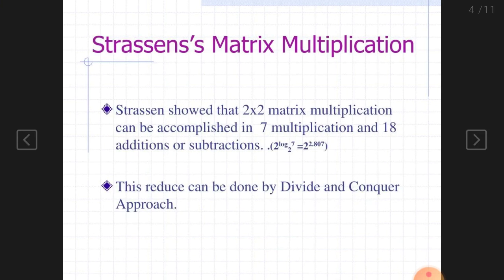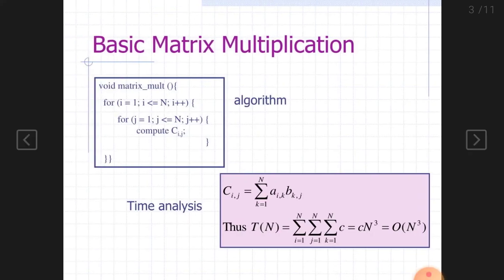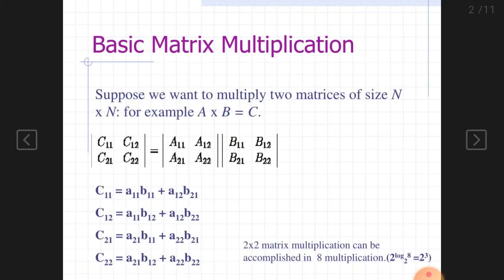Now in the case of Strassen's multiplication, it shows that a 2 cross 2 matrix multiplication can be accomplished in 7 multiplications and 18 additions. So if you follow that, suppose a 4 cross 4 matrix is there, it is nothing but four 2 cross 2 matrices.